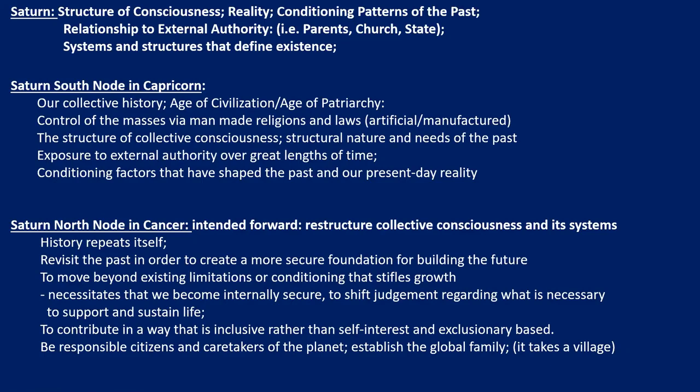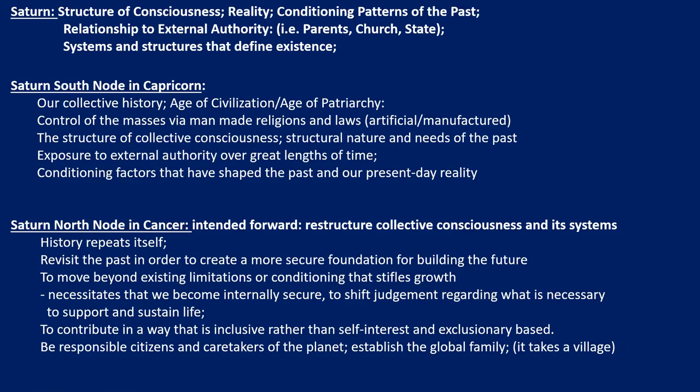So our South Node in Capricorn, this is our collective history, the age of civilization, representing the development of the age of the patriarchy. Control of the masses via man-made religions and laws. These are things that are artificial or manufactured. There are some things that are just not natural for us to do.